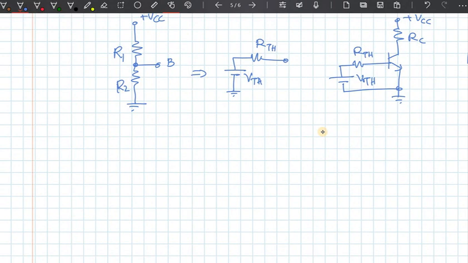If you take this bias circuit here, it's easy to know that the voltage at B, the open circuit voltage, is the same as VTH. So if you don't connect anything here, the output will be VTH. So VTH is easy to find. That should be R2 divided by R1 plus R2 times VCC. So it's the potential divider, right? That's easy. And what's RTH?